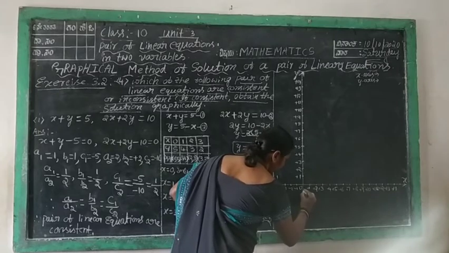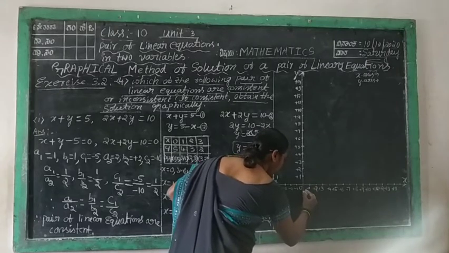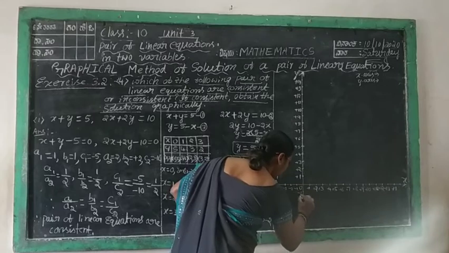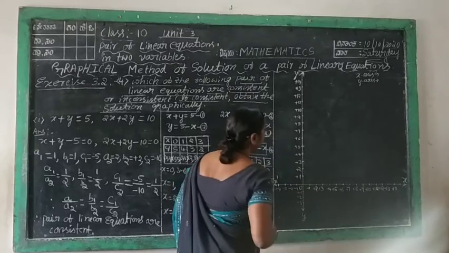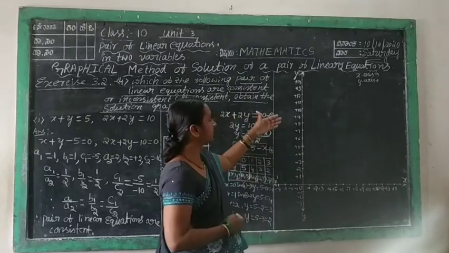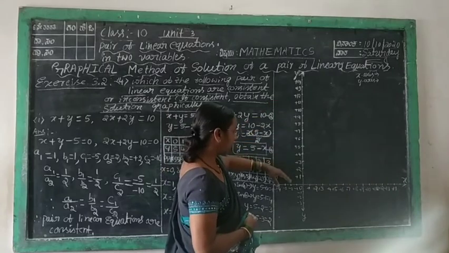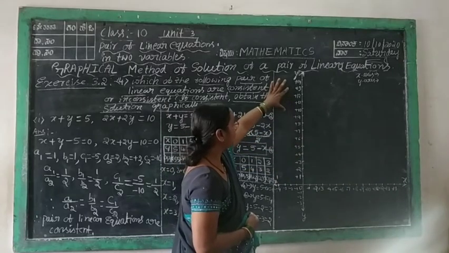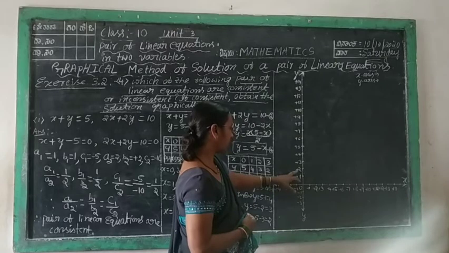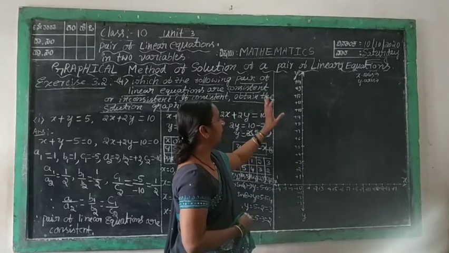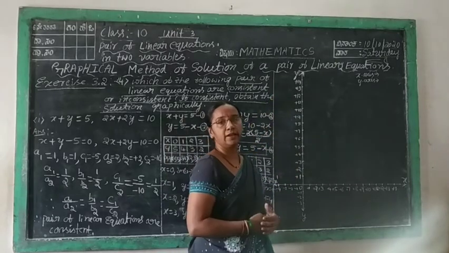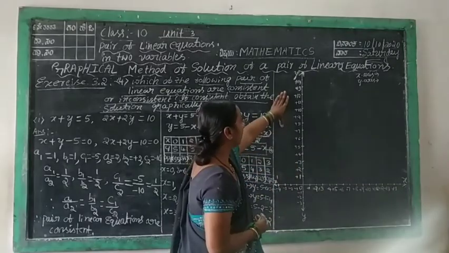Below 0 on the y-axis are minus 1, minus 2 and minus 3. Above the x-axis, the y coordinates are plus 1, plus 2, plus 3, and so on. I will note this on the graph.